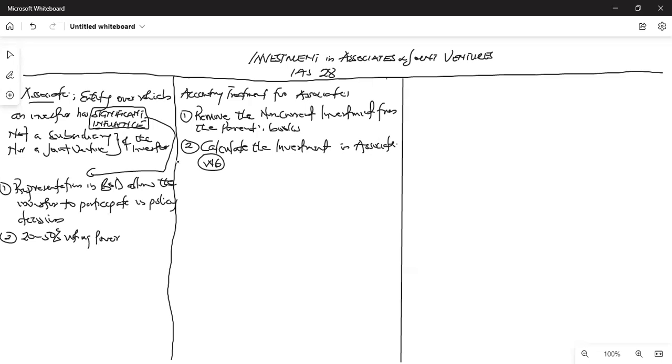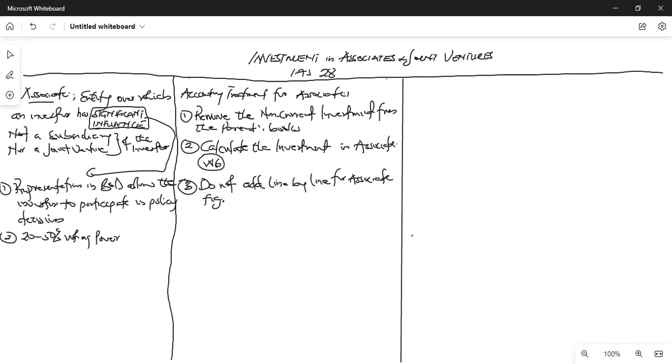When an associate comes in, you don't add line by line, the way you take the parent's non-current assets, then the subsidiary's non-current assets, and add. For associates, do not add line by line.